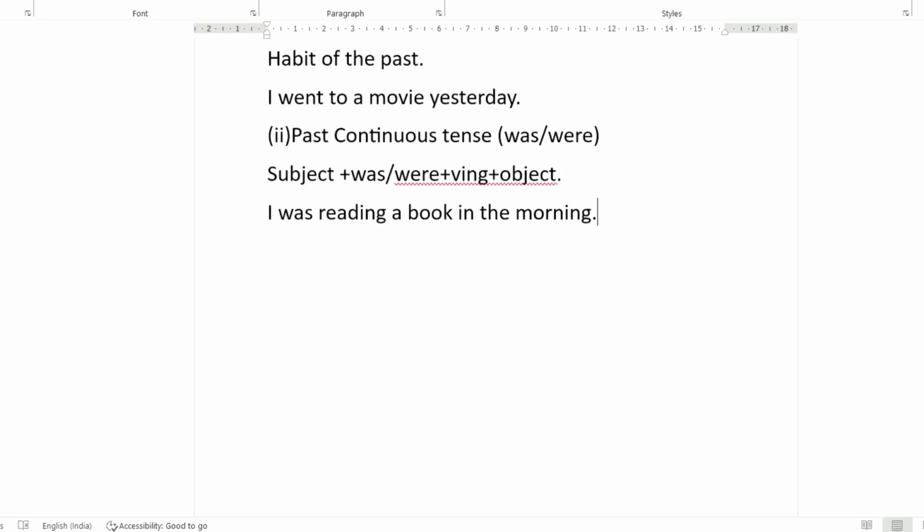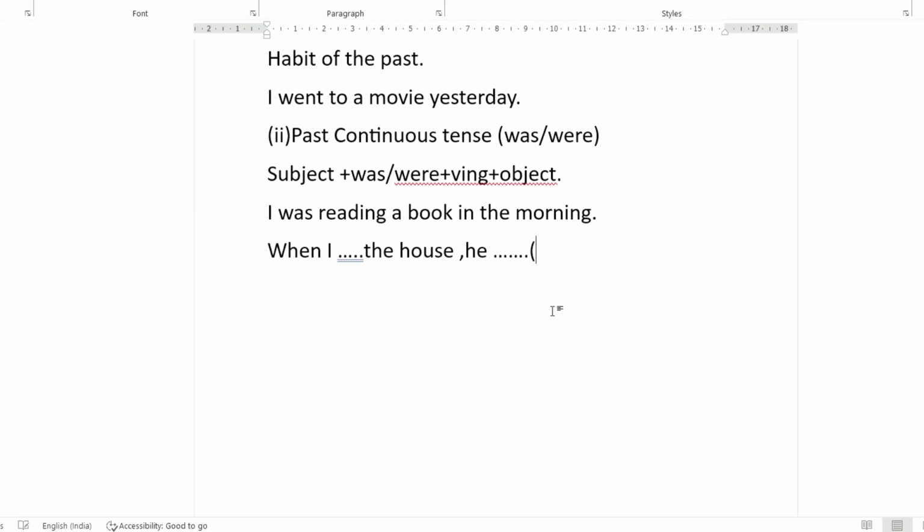Okay? Now, suppose we have a sentence where we have to fill in two actions in past tense. I'll show you how. When I ___ the house, he ___.